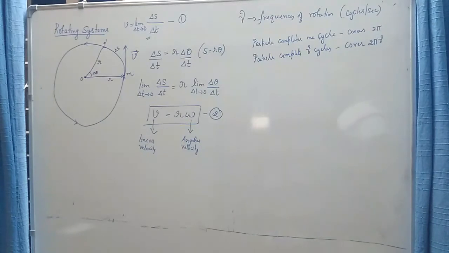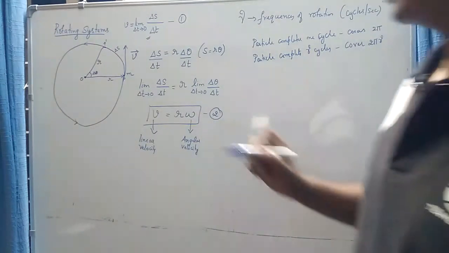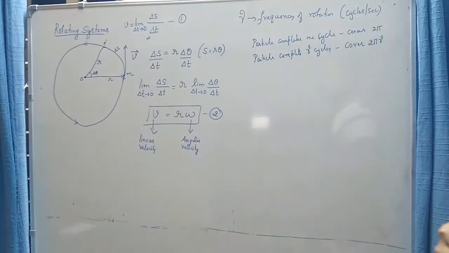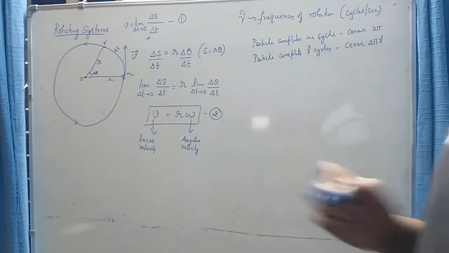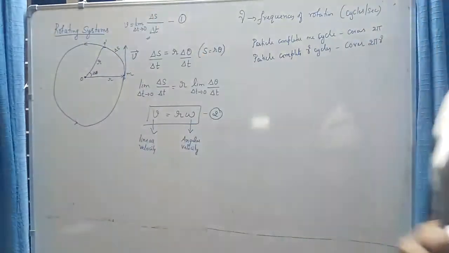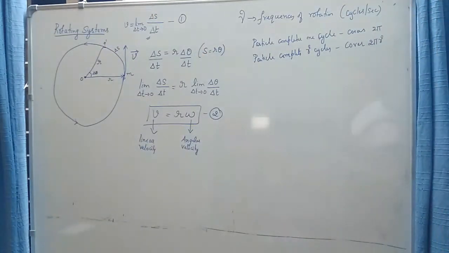Now the distance traveled by the particle is used to measure the velocity, but the angular velocity is not measured in terms of the distance that is covered, but it is measured in terms of the total angle that is covered during the rotational motion.